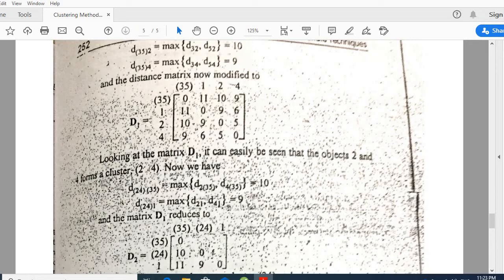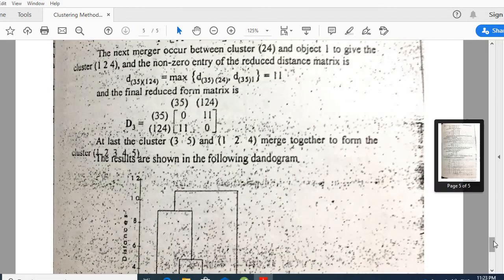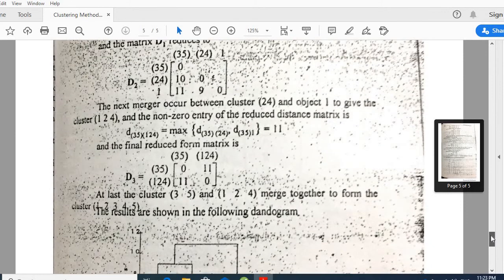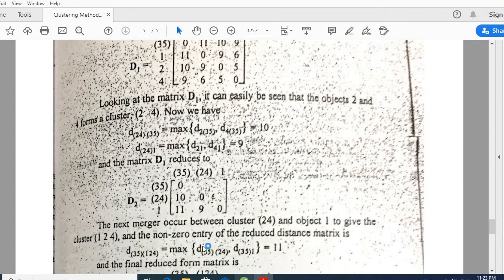We will again make the distances between the objects, and we will take the maximum distance between the objects, individuals or clusters, and we again rearrange the matrix of distances, that is d2, and combine in a cluster individuals 3 5 and 2 4, and 1 will be alone.